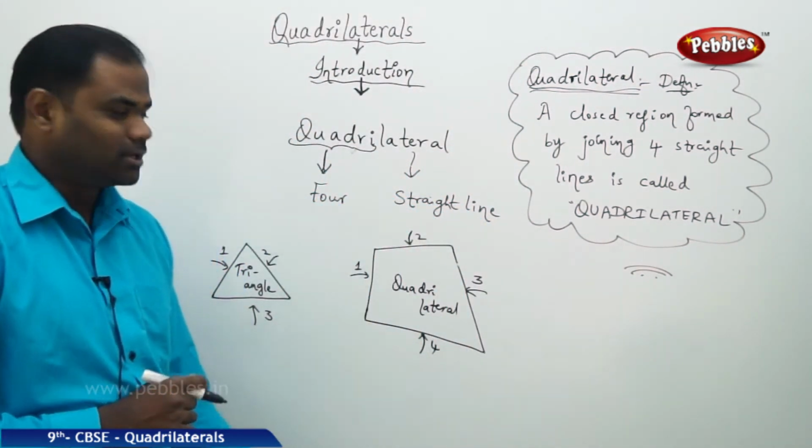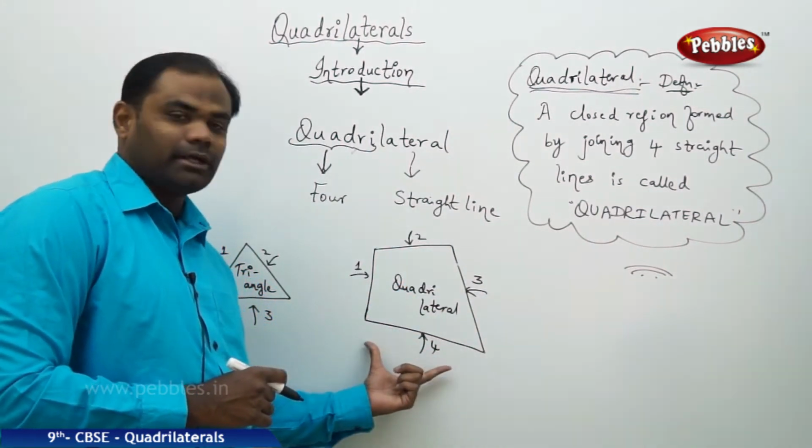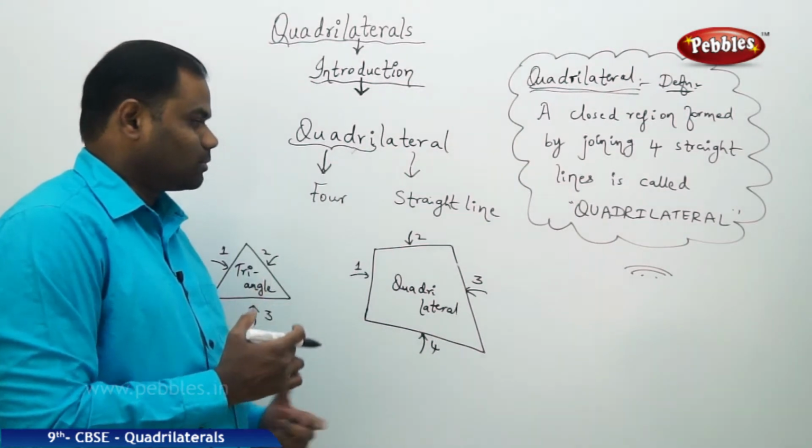The four straight lines being line 1, line 2, line 3 and line 4 closed to form a quadrilateral.